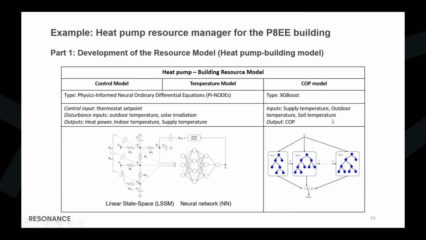And it's very logical because it's a ground source heat pump, which means that it extracts the heat from the soil, from the ground. So this high correlation doesn't really surprise us. And the output of the model is the COP, this coefficient, which we then use to estimate the power demand of the heating system.